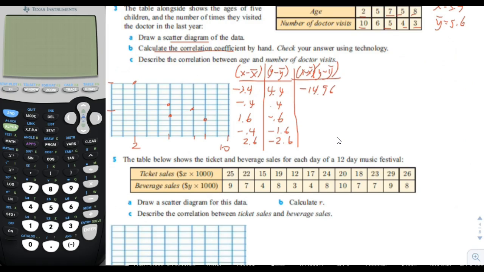And the next one, I get negative 0.16. You see I'm getting a negative because one of them is negative, one of them is positive. This next one is going to be negative 0.96. Next one is 0.4 times 1.6.